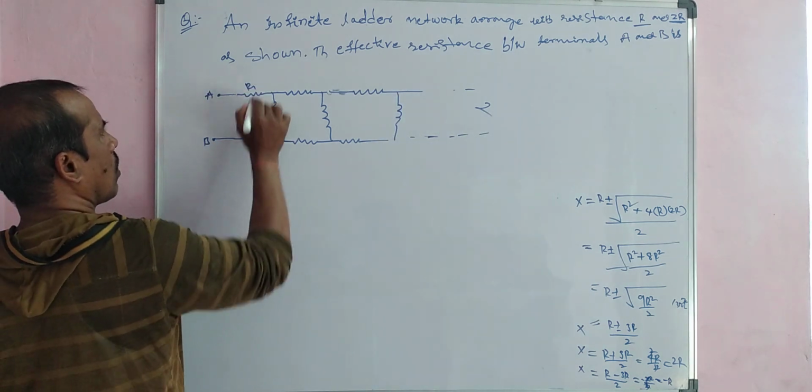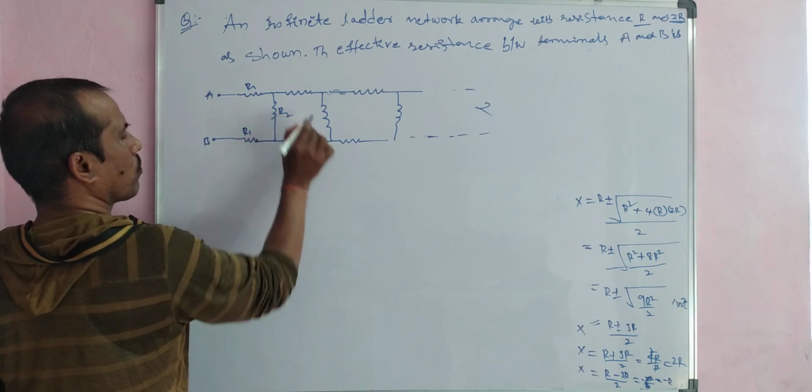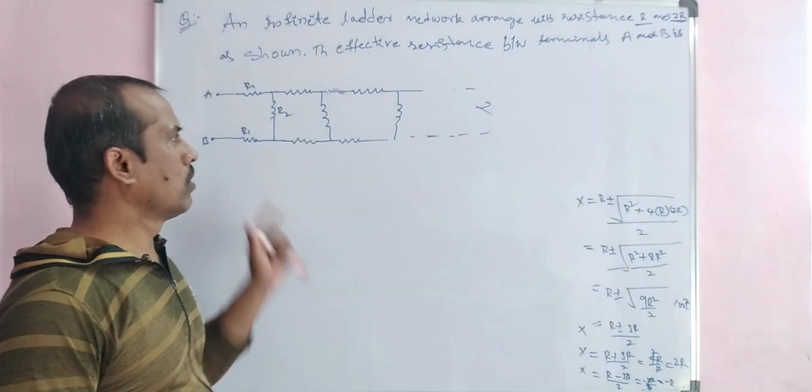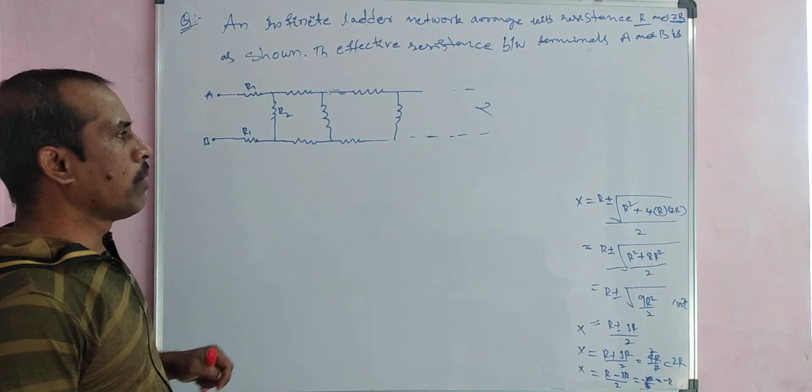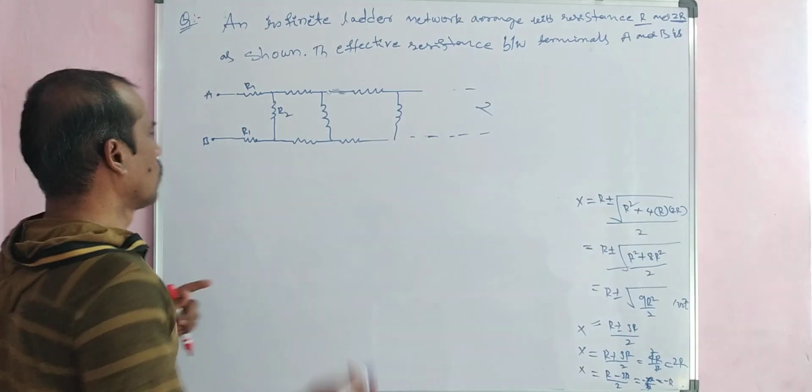This one is R1, this is also R1, and this is R2. Find the effective resistance between terminals A and B. Two cases here.